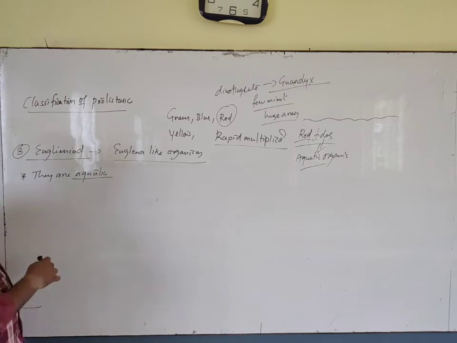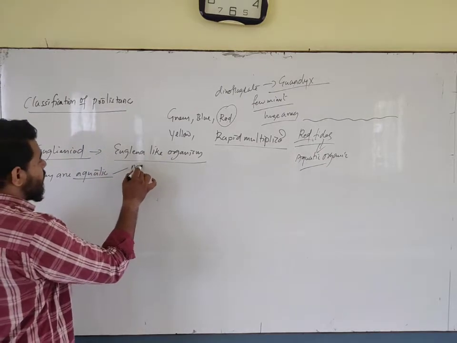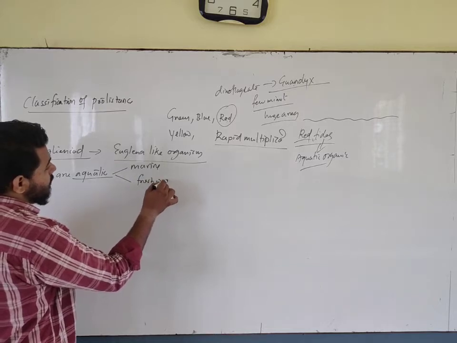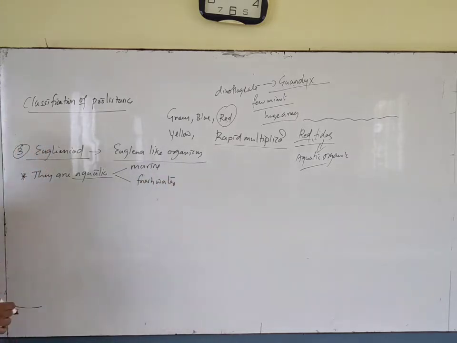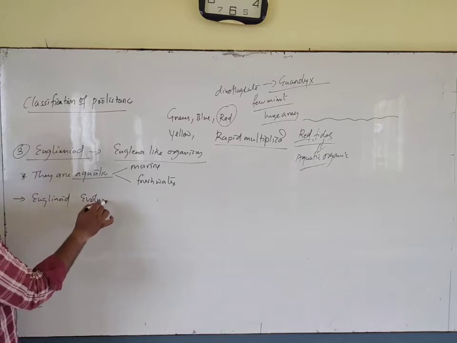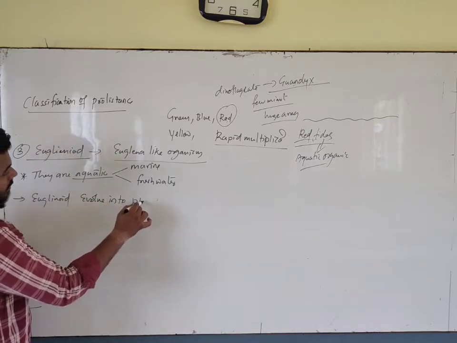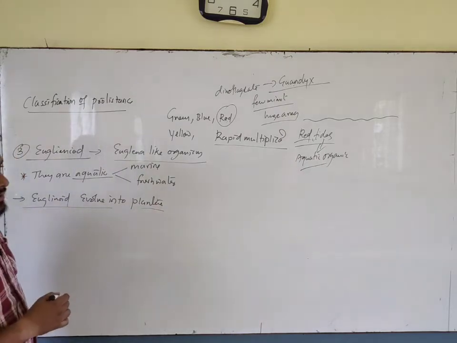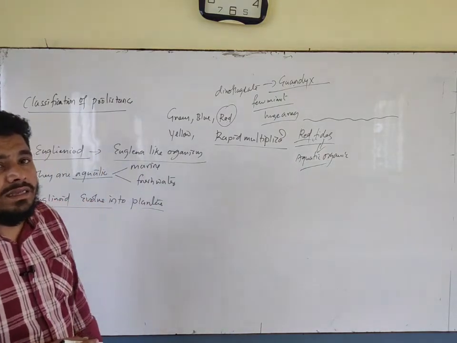They are found in marine water and also in fresh water, like rivers, streams and ponds. It is stated that euglenoids evolved into the plantae kingdom. So they are the primitive ancestors of the plant kingdom.